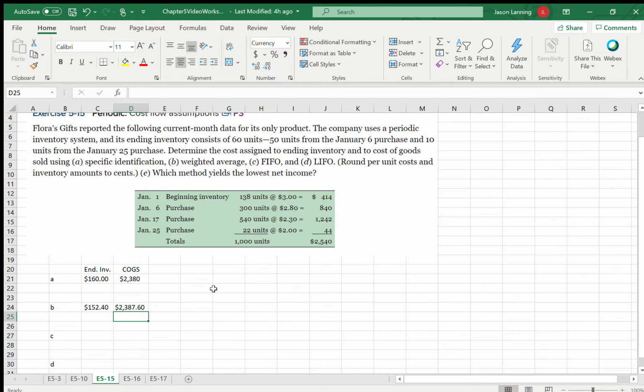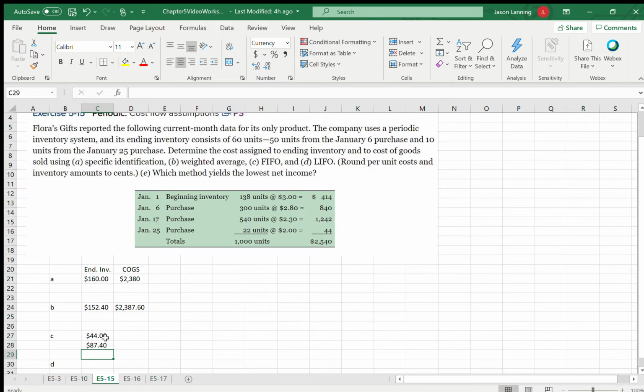So we have 60 units left. 22 of those units are worth $2, so that equals 22 times 2, which is 44. And then we had 60 units left, well, 60 minus 22 is 38. So 38 of those units have to be worth $2.30, so that equals 38 times 2.3, which is 87.40.